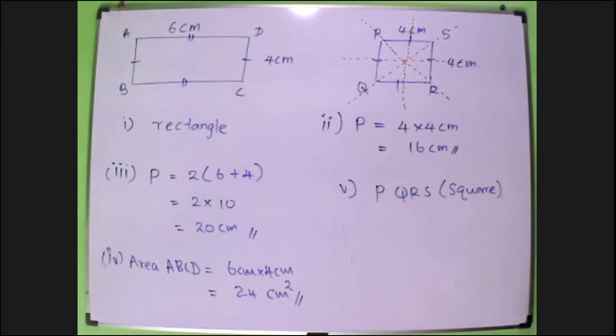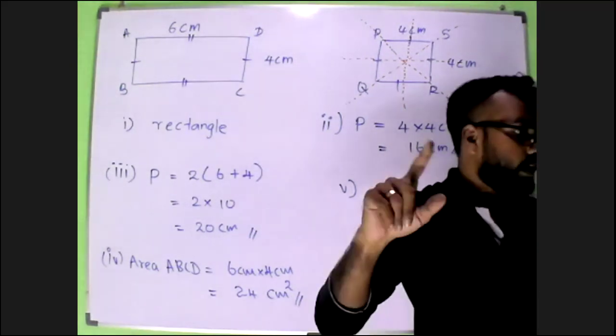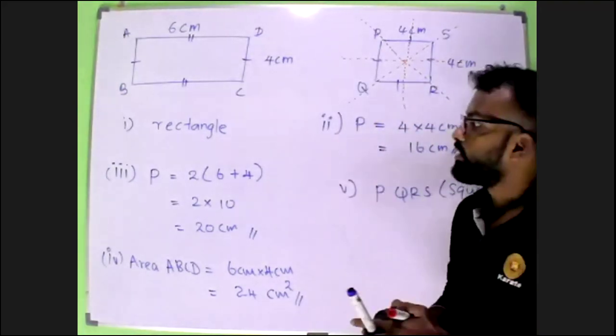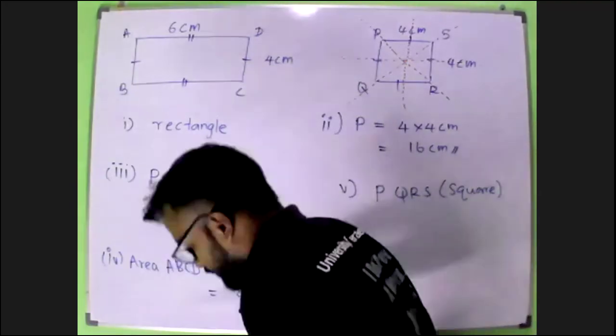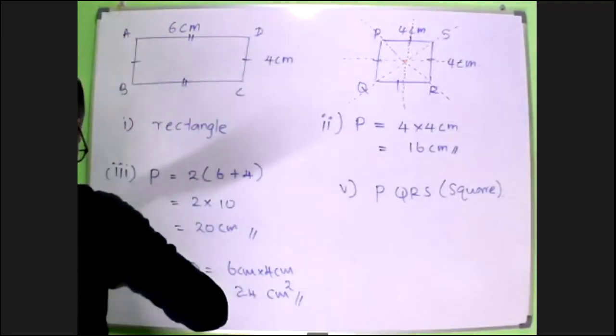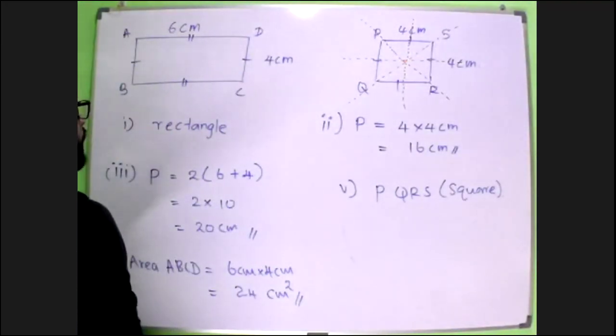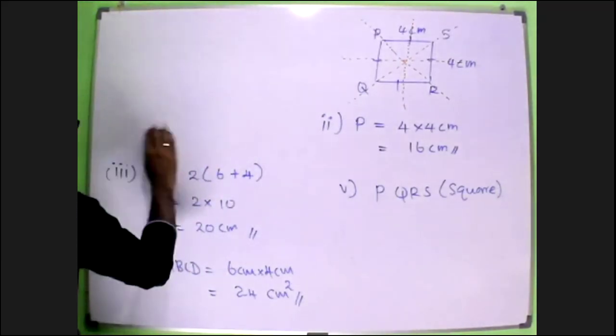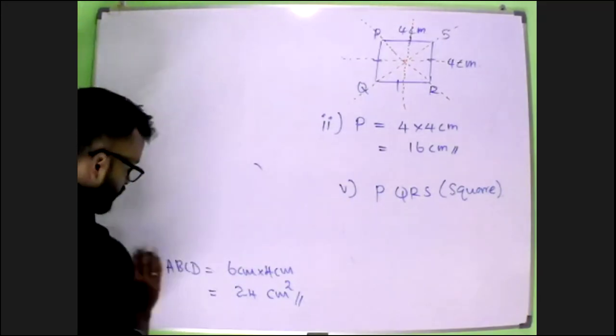Right, sixth one. So in the sixth one, there are two parts, right? Find the perimeter of the given plane figure, right? So I will draw that. So sixth one, there are two parts.